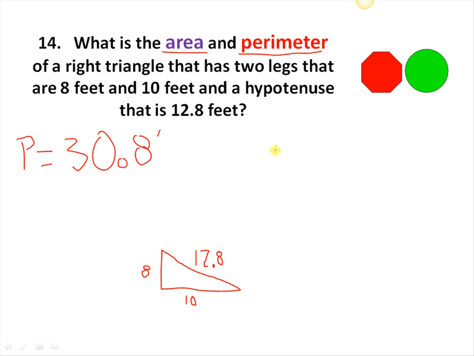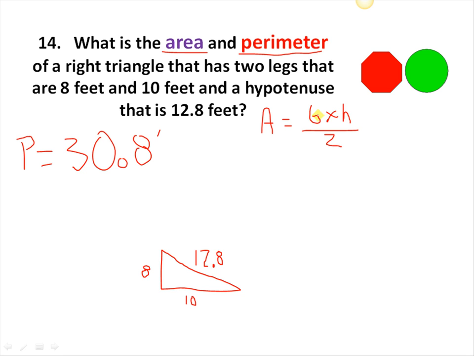Well, the area, you have to know the formula. The area of a triangle is nothing more than plugging in the right numbers in the right formula. And the right formula for the area of a triangle is the base times the height divided by 2. Or it could be the base times the height multiplied times 1/2, because multiplying times 1/2 and dividing by 2 are the same thing.